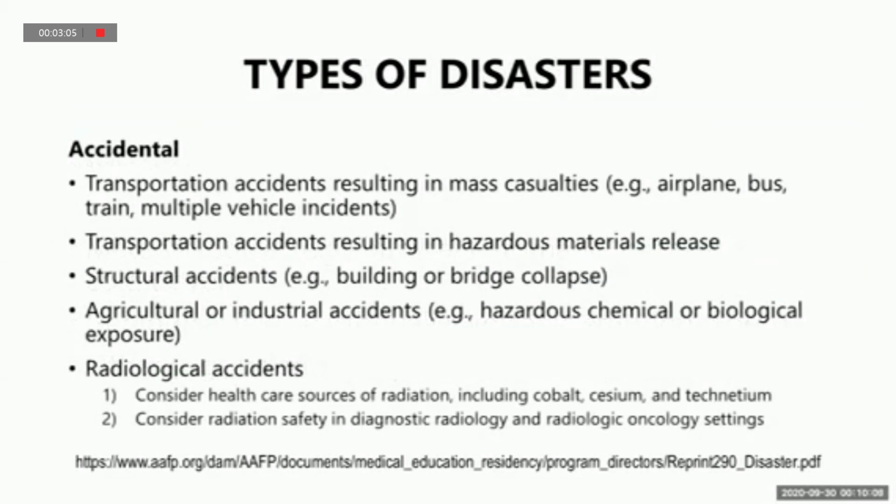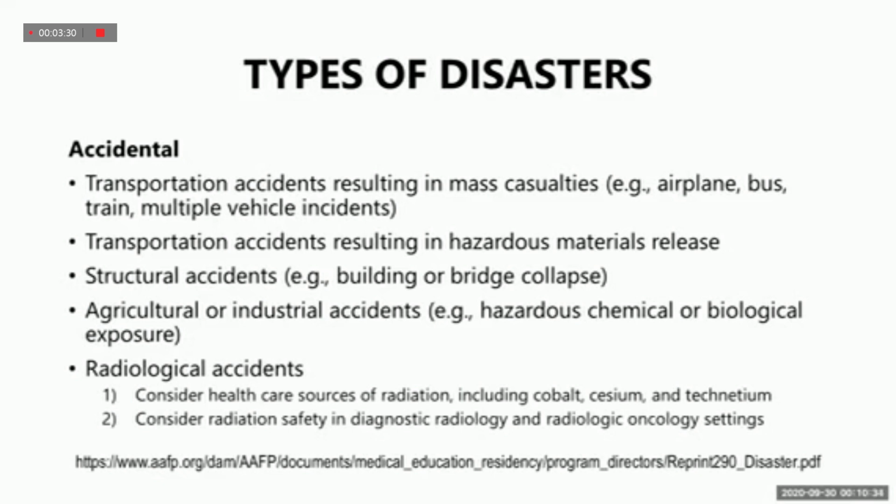Other types of disasters would be accidental. This would include motor vehicular accidents resulting in mass casualties, for example, accidents involving vehicles such as buses, airplanes, trains, and even multiple vehicular incidents.